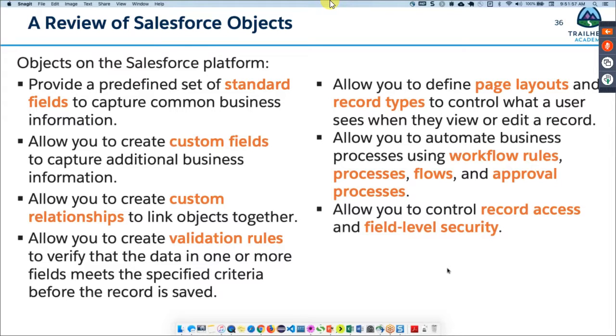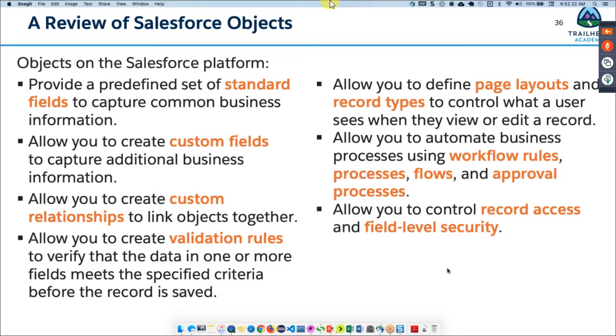All right, so with the objects, standard or custom, you will have some page layouts, you have some record types, you can create workflow rules, processes, flows, approval processes, and most importantly, there is a very special concept that I think we're not covering today because of lack of time, which has to do with security.